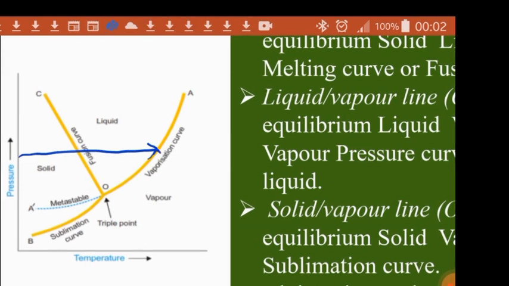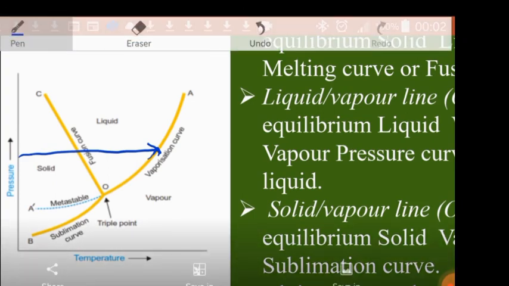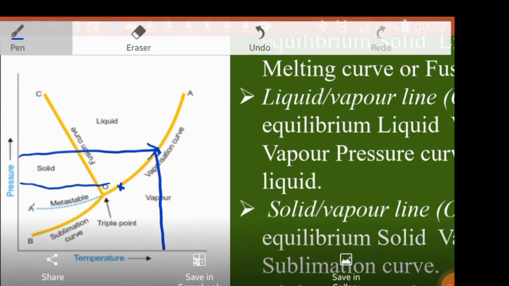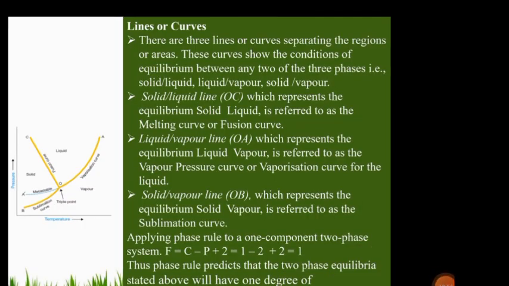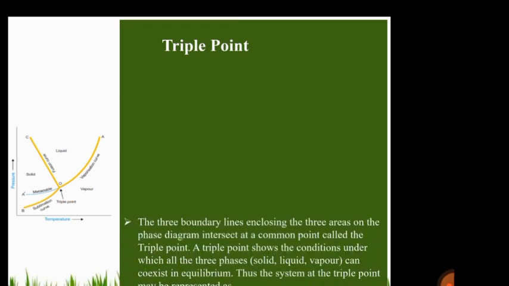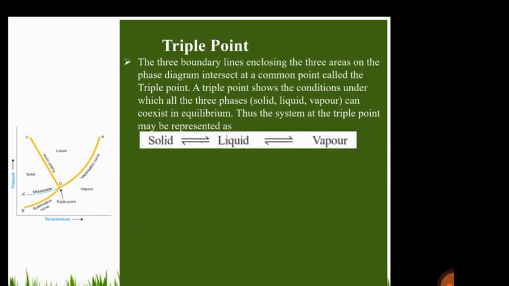So the curve requires only one variable in order to represent the state of the system. So please understand, applying the phase rule to the one component two phase system, the degree of freedom is equal to 1. The phase rule predicts that the two phase equilibrium state above will have 1 degree of freedom. It needs only 1 degree of freedom.